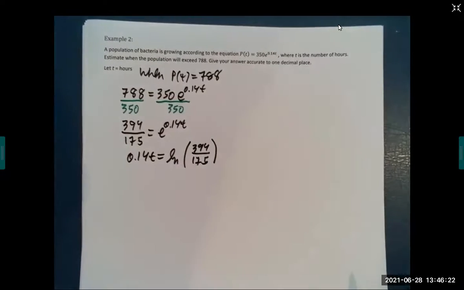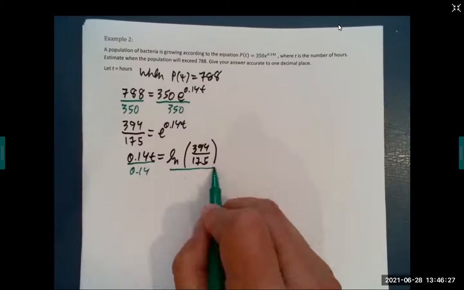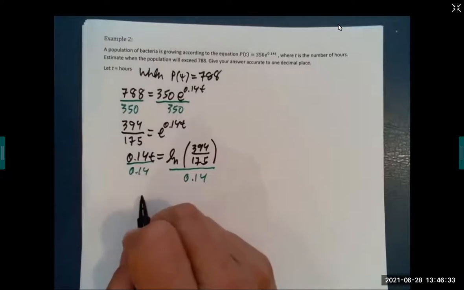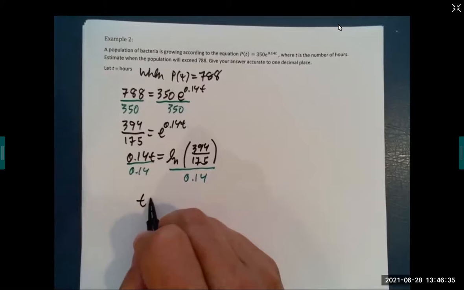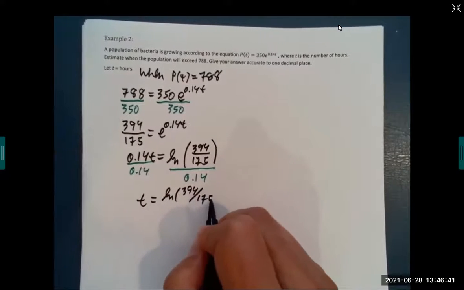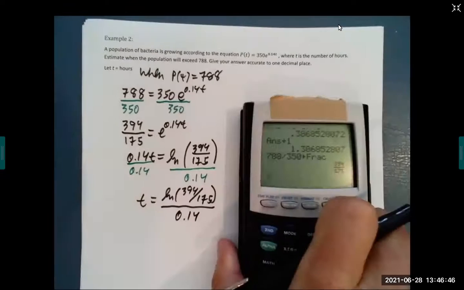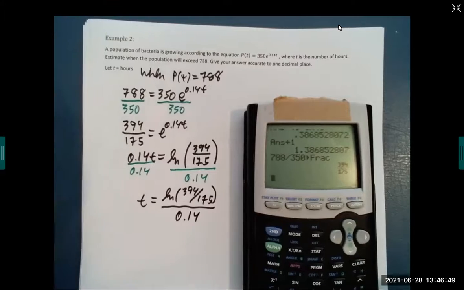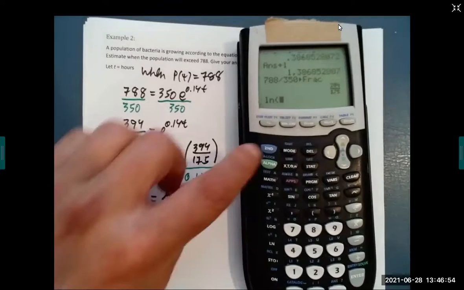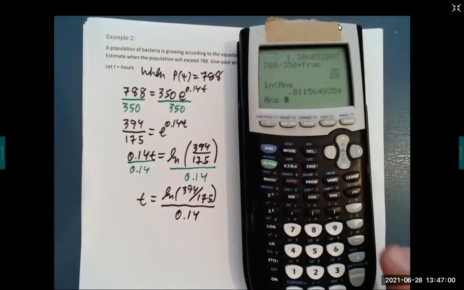Now I'm going to divide both sides by the 0.14, giving us that t is ln of 394 over 175 divided by 0.14. Let's see what we get from that. So I'm going to do the ln of the previous answer. Remember how to do that? That's the second ans, equals, divided by 0.14.